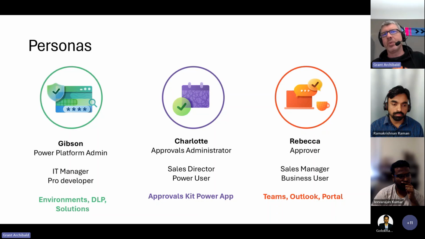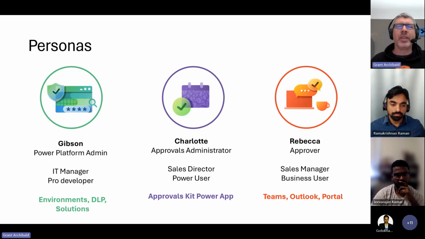You've got an approvals administrator, who wants to model, design and interact with approvals processes. And then you've got someone who's just an approver, who just wants to approve as part of their business process. Each of those personas will have different needs, and as we go through the kit, you'll see how each of them is catered for by the approvals kit.